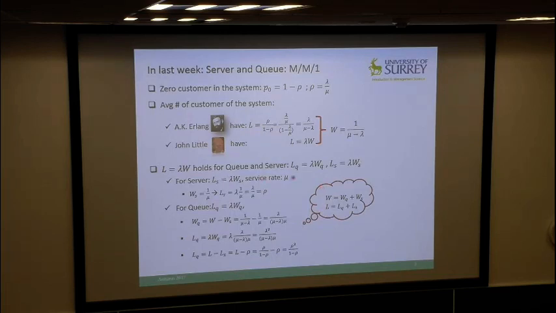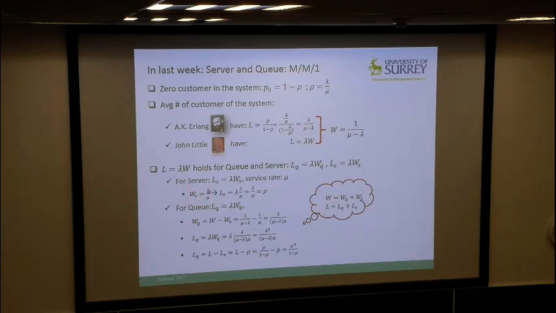So this is the speed. If we know this, we can calculate how many hours we need to serve one customer. That equals 1 divided by mu. So that's a pretty simple relationship between the time and the speed. If we know the service rate, we can easily calculate the time.